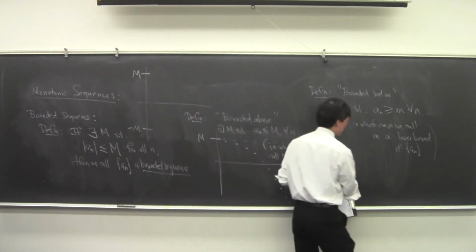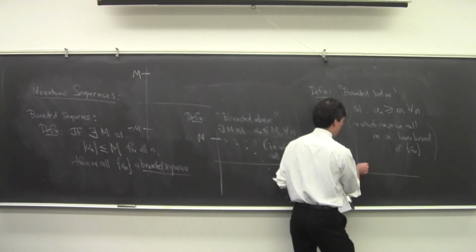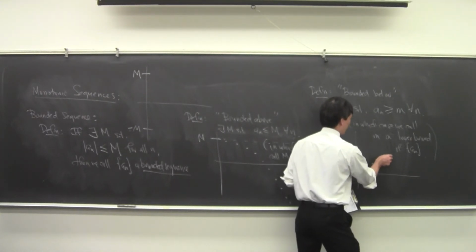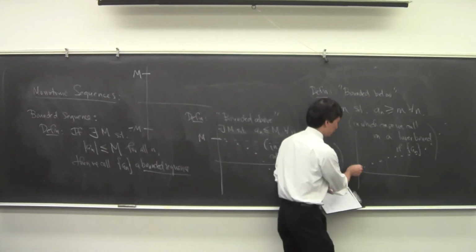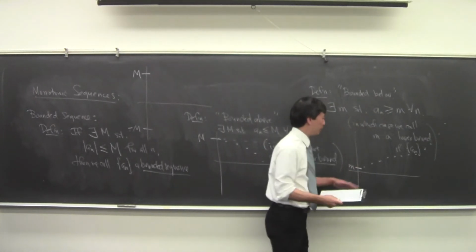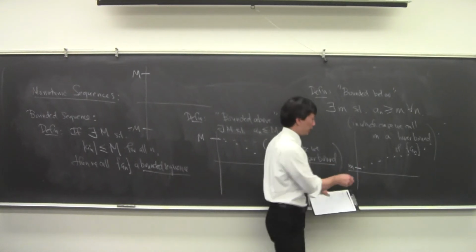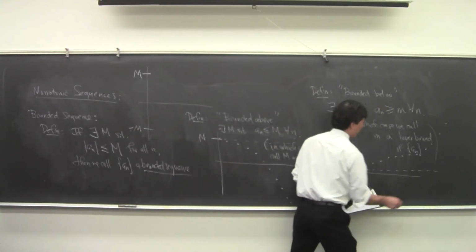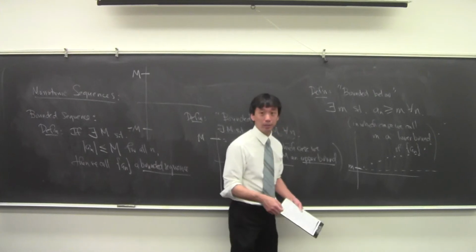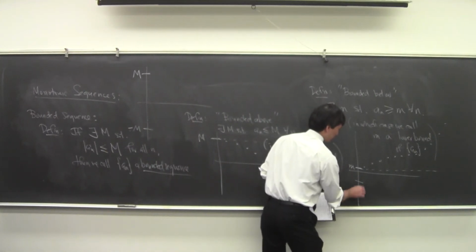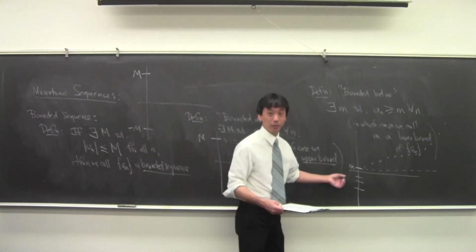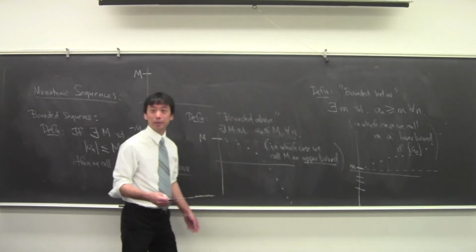So you have some sequence, and it's going upwards, say, and then this little m would be its lower bound. And you notice that I said a lower bound, not the lower bound, because you can have many lower bounds. Anything lower than your lower bound is still a lower bound.